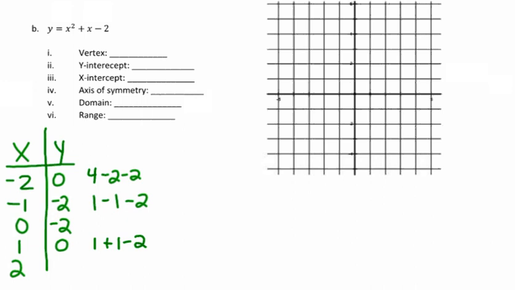And 2 squared, which is 4, plus 2 minus 2 is 4. So here are our identical y values.